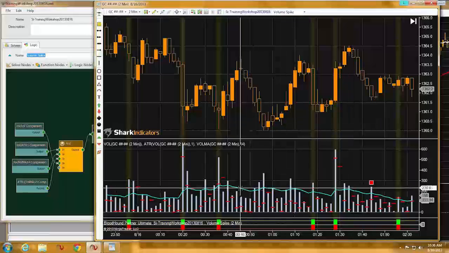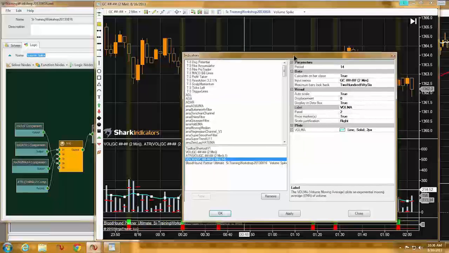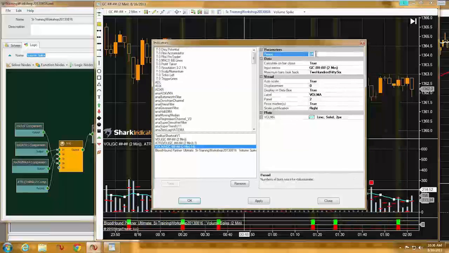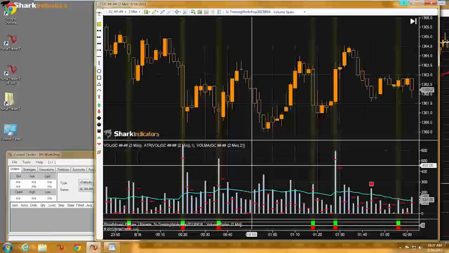So maybe changing our volume moving average might help. Let's see what effect it has if we increase it by 50%. I'll change it to 21.